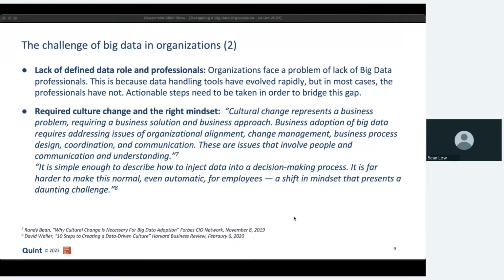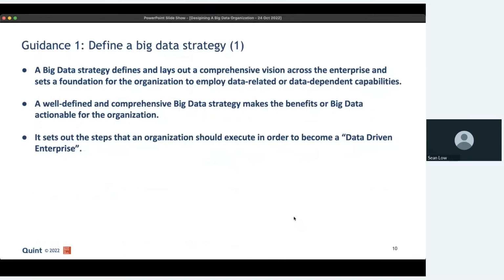Okay, let's look at the first challenge. And what was the first challenge? Defining a big data strategy. As an organization, we need to start off by having a big data strategy. What is a big data strategy?